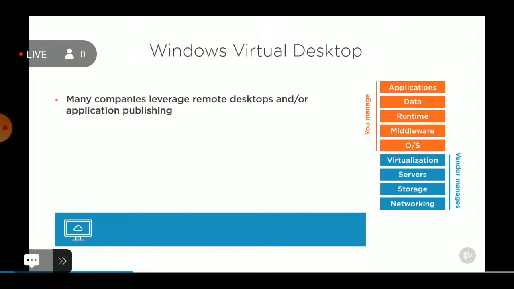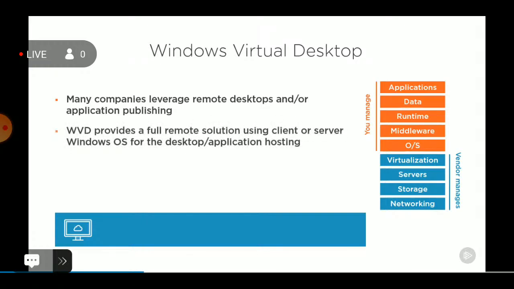What WVD does is it provides those remote desktops and published applications using Azure. Now it's using virtual machines for the actual hosts that are either publishing a desktop or applications. Now that can be Windows Client, Windows 7, Windows 10, or Windows Server based, 2012 R2 and above.